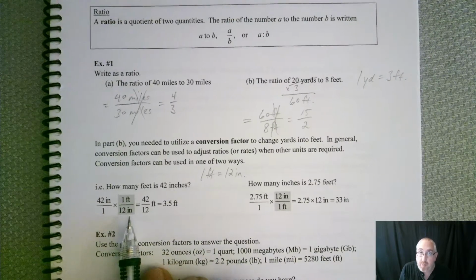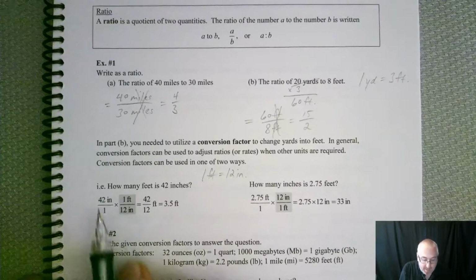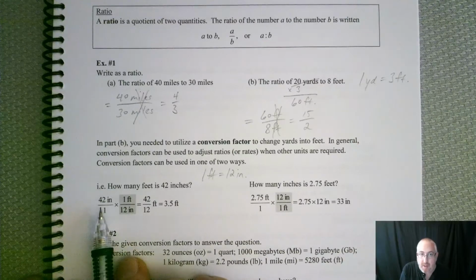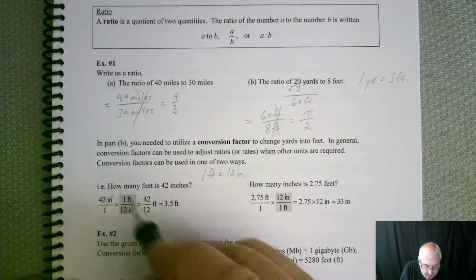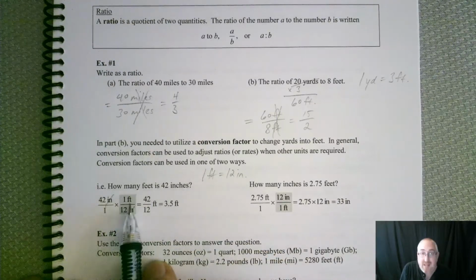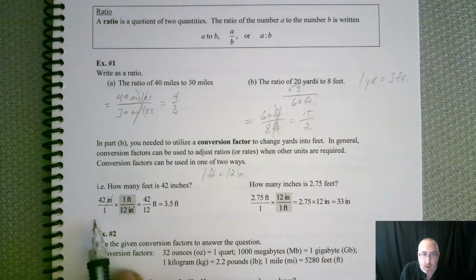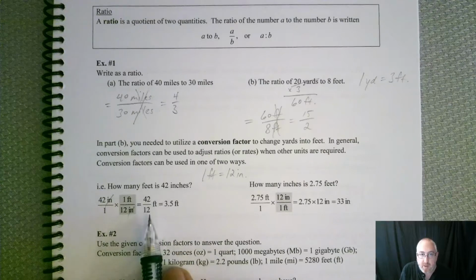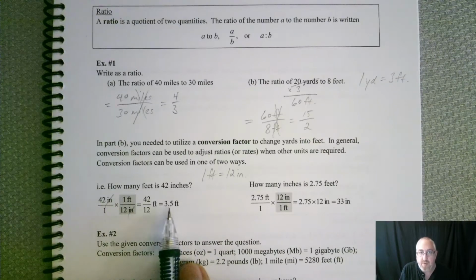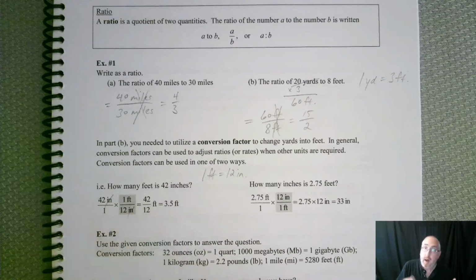And that works to our benefit with this first problem because we're starting with inches. Because we're starting with inches, we can cross cancel those inches out, and the only units left are the feet, which is what we want. So now all we've got to do is take care of the math. So divide 42 divided by 12, and you get 3.5, so 3.5 feet.